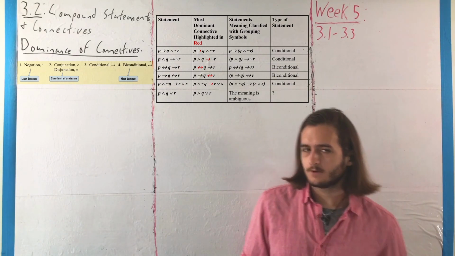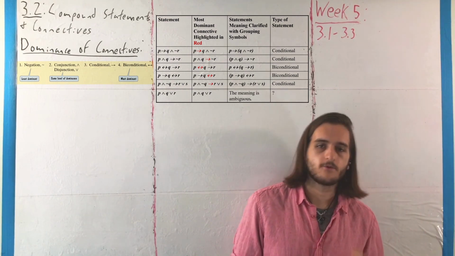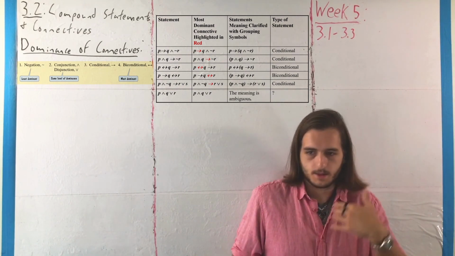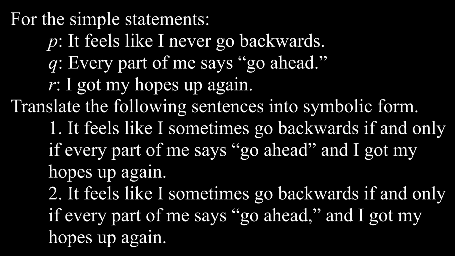But let's get an example here for how these ideas come together in terms of what sort of statements we form when dealing with the dominance of conditionals. So for the simple statements we have below, P is it feels like I never go backwards, Q is every time part of me says go ahead, and R is I got my hopes up again.